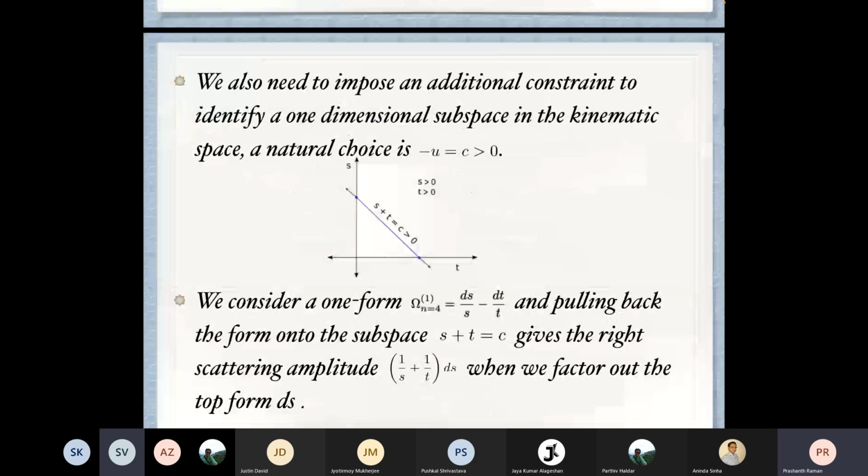I can put plus or minus for each of these terms and add them up. But for the moment, let me choose this sign where I have ds over s minus dt over t. So if you take this one-form and you pull it back onto the subspace where s plus t is constant, this gives you the right scattering amplitude once you factor out the top form.